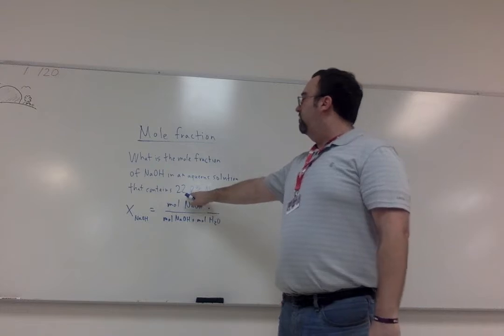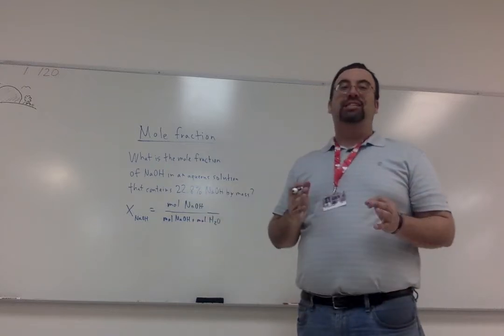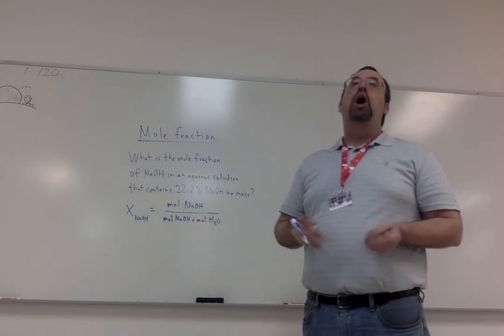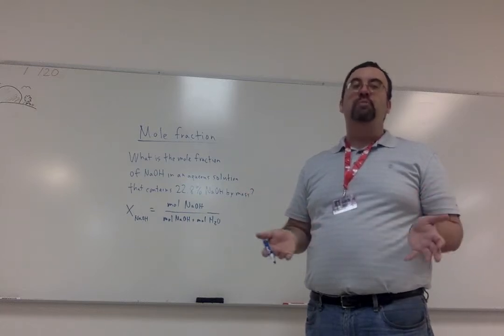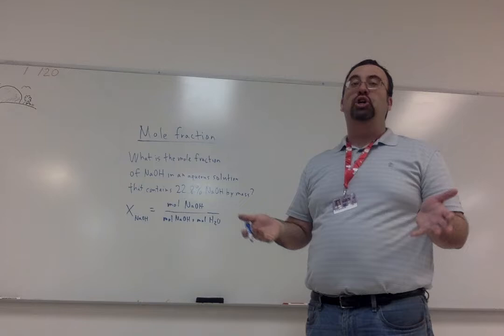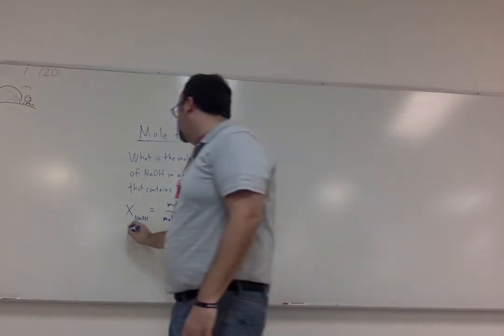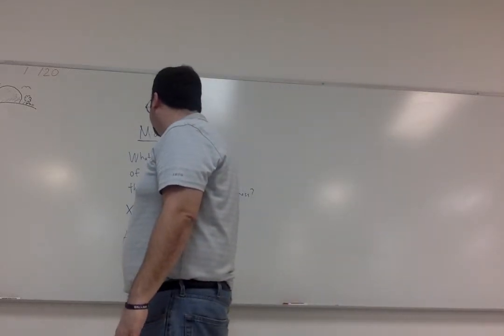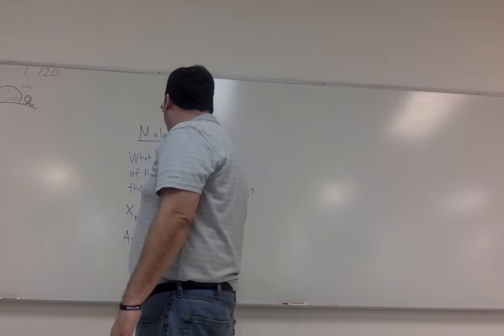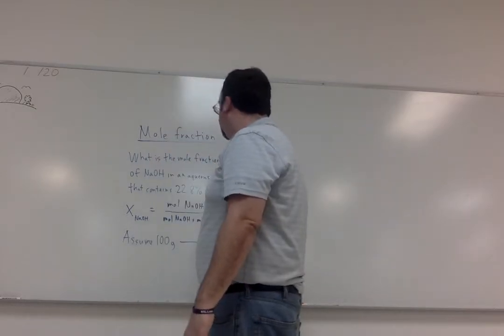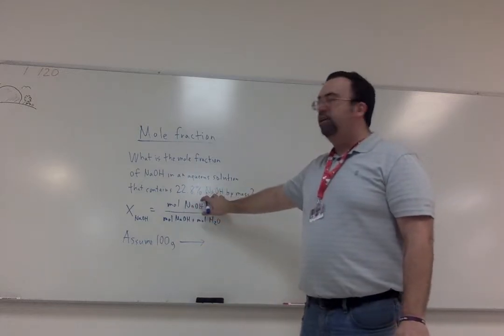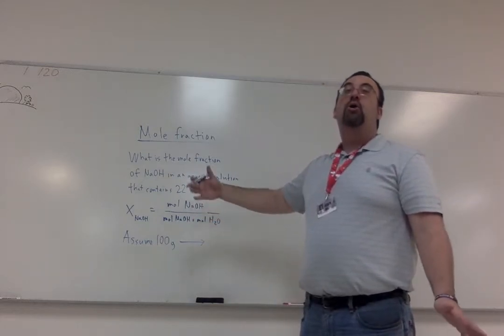Notice that we're given the NaOH as a percentage, and so a very good way to help us out here is to assume that we have 100 grams total. By doing that, this percentage becomes grams.